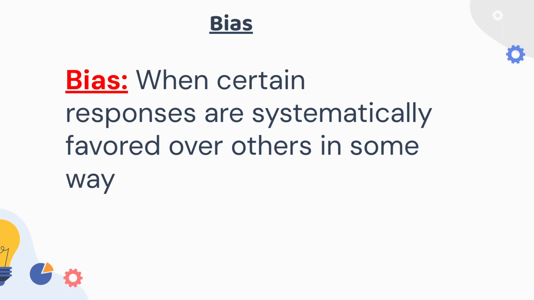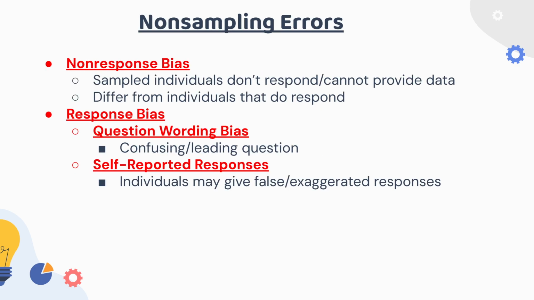Okay, so bias. Bias is when certain responses are systematically favored over others in some way. So some responses are favored over others due to some kind of error in selecting the sample, essentially. That's what bias is. So firstly, non-sampling errors. So you can have non-response bias, where when you sample someone and you allow them to voluntarily respond, they refuse to respond, and thus you can't get data from them.